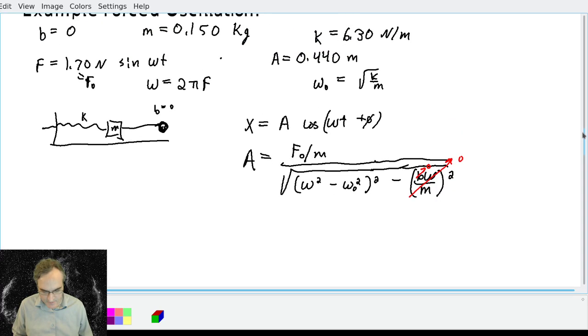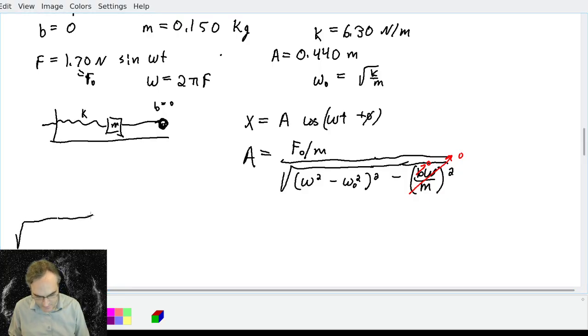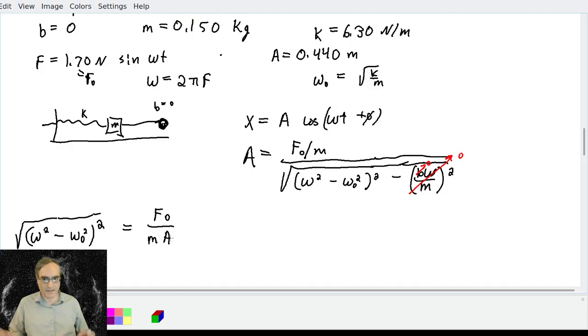So we do have a very specific goal for our amplitude. And I want to immediately rearrange this a bit. So the square root of omega squared minus omega naught squared, the whole thing squared, still under the square root for the moment, is equal to the forcing function divided by m times A. I'm basically doing a cross multiply here.